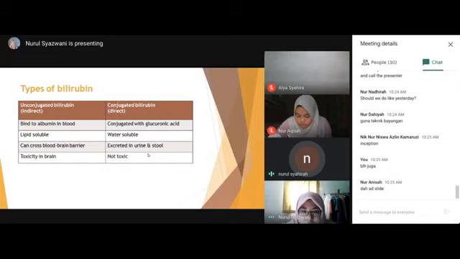The unconjugated can bind to albumin, and the conjugated is conjugated with glucuronic acid in the liver. The unconjugated is lipid soluble, while the conjugated is water soluble. The unconjugated can cross the blood-brain barrier, and the conjugated can be excreted in urine and stool. The unconjugated can cause brain toxicity, and the conjugated is not toxic.